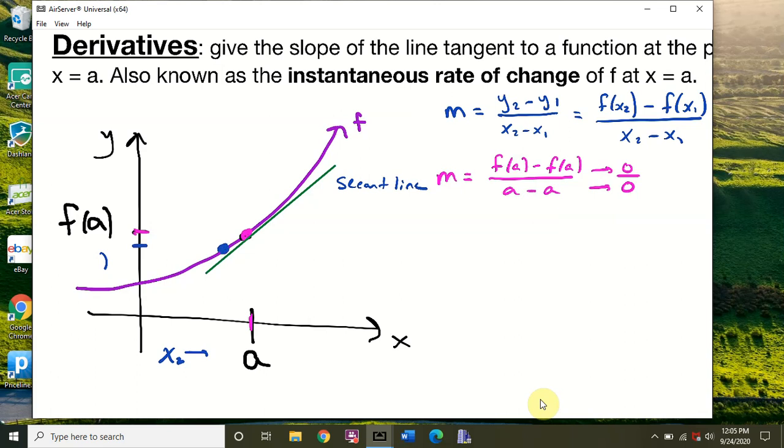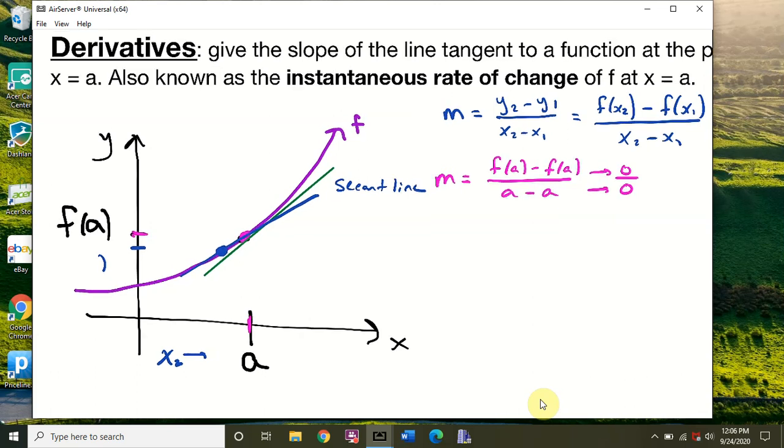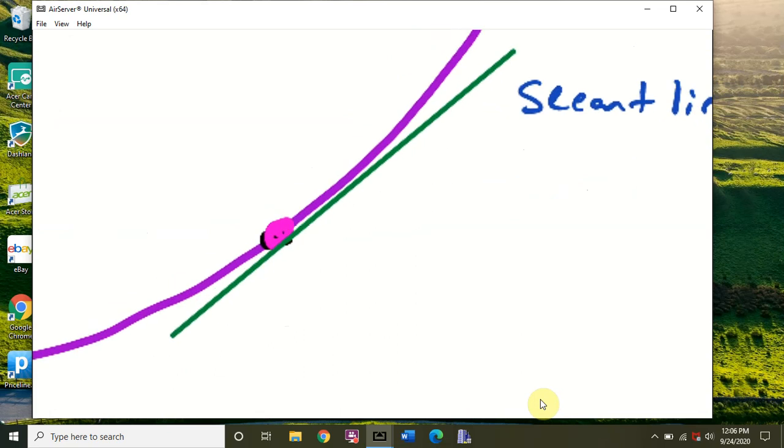Now here's my f of x2, and when I draw this secant line in, it's going to have a slope a little closer to the slope of the green line. In fact, I can do even better if I bring x2 even closer to a. If I bring this point closer so that they're basically right on top of each other, and I draw the secant line, now we have something that's getting closer and closer to the slope of the tangent line.